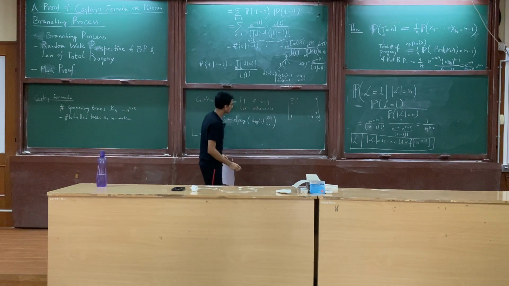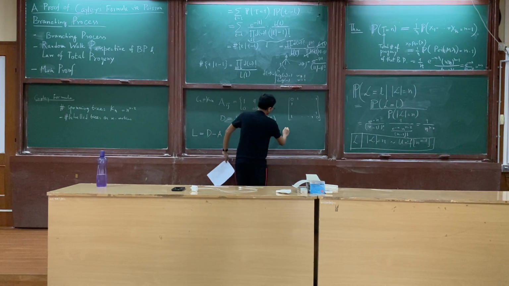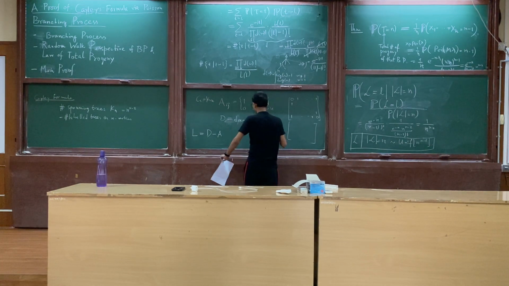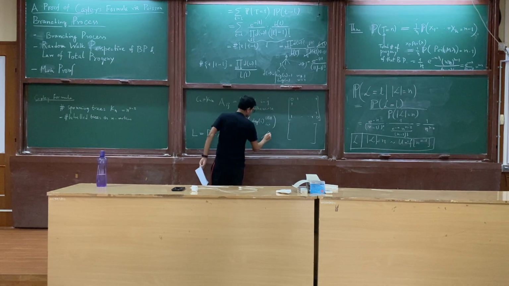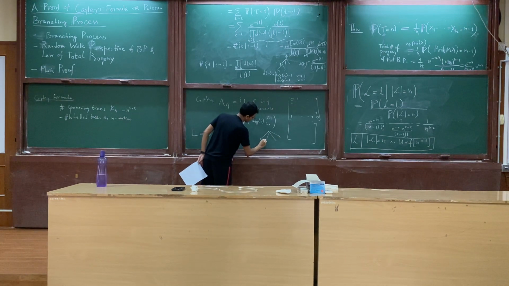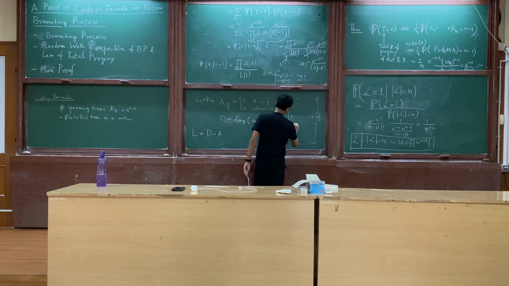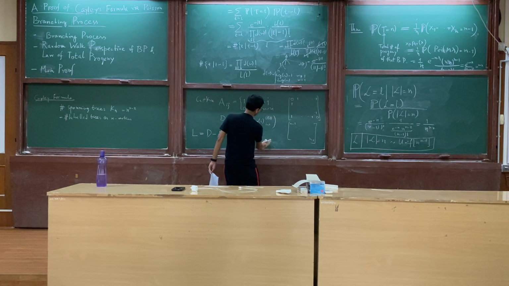And what is D? Because every vertex is connected to every other vertex, that means n minus 1 vertices in total. So everyone's degree is n minus 1. You can write it as n minus 1 in the diagonal.